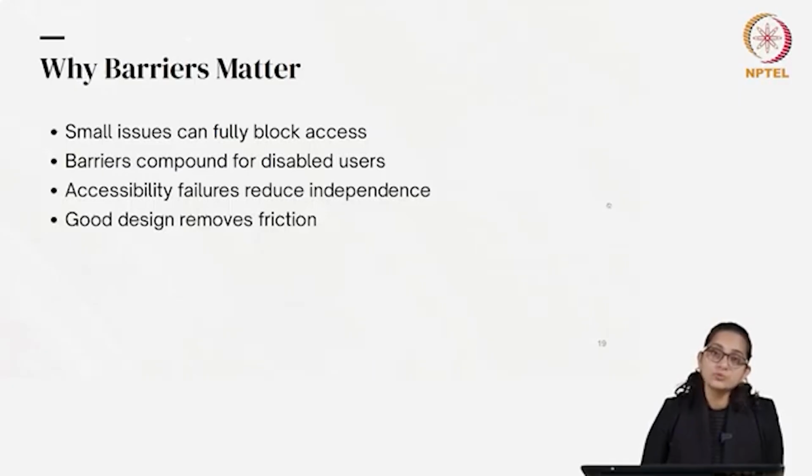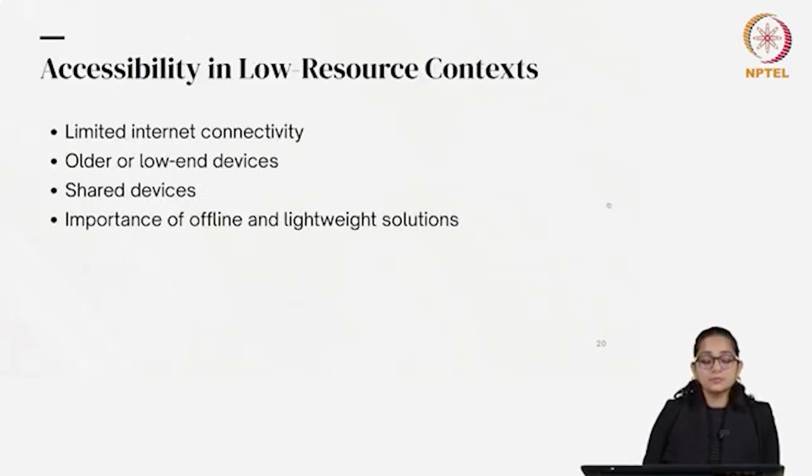But for somebody who is low vision, it is almost impossible for them to interact with your system. Such accessibility failures reduce independence, and good design should focus on removing all of this friction.